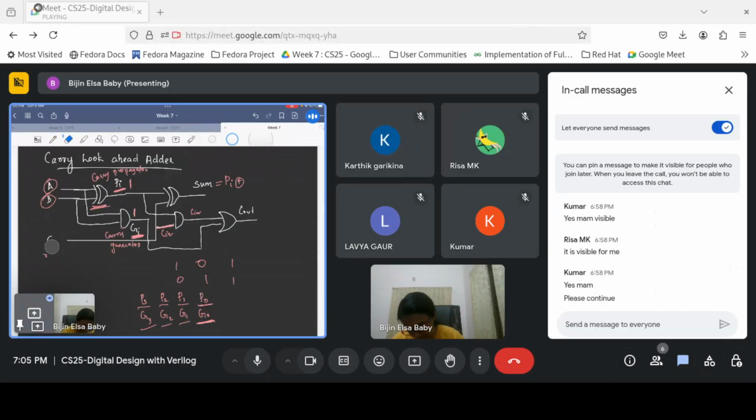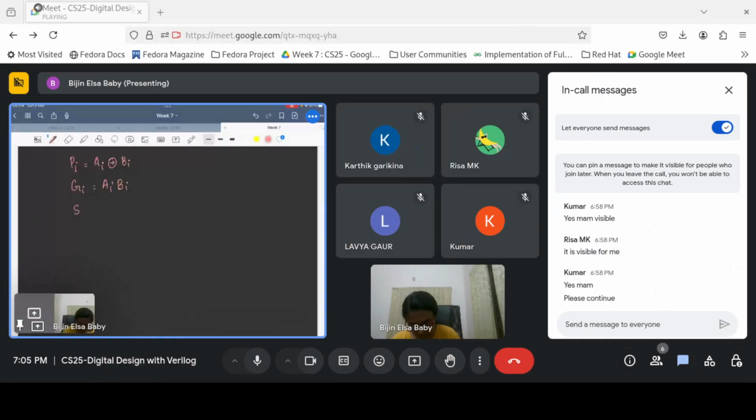Okay, we can just figure it here. So this is the sum and carry for the full adder.